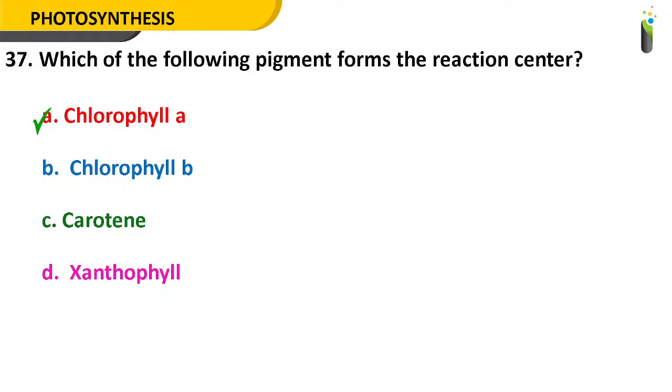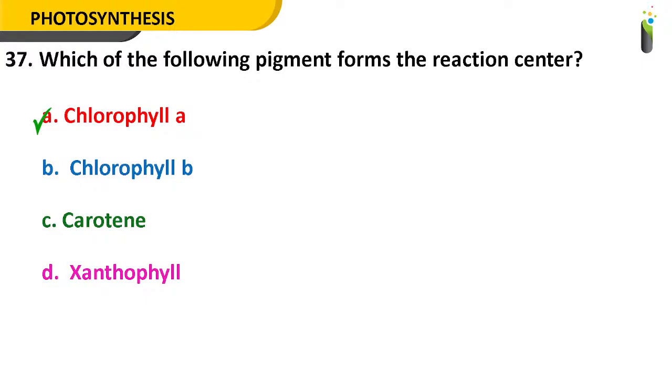So even though the other pigments have an important role to play in harnessing the solar energy, they do not act as a reaction center, but they assist chlorophyll A and act as antennae pigments, whereas chlorophyll A is the only reaction center. Now you might be knowing that there are two types of chlorophyll A, and depending on that, we have two photosystems.